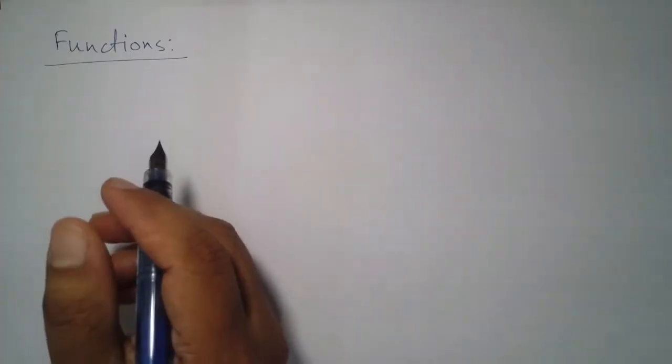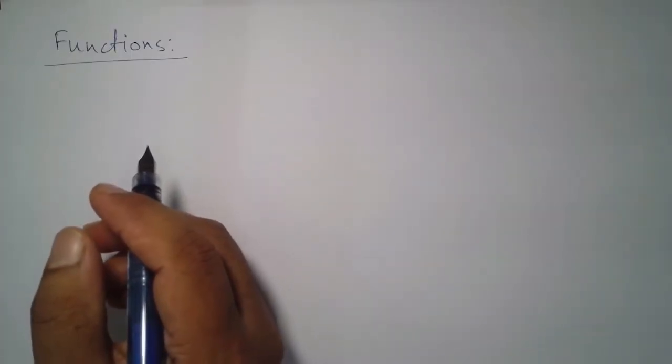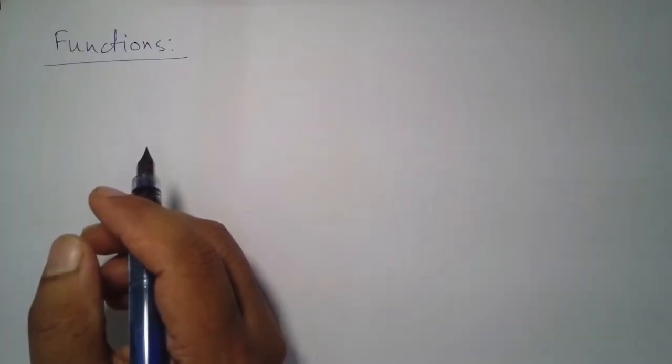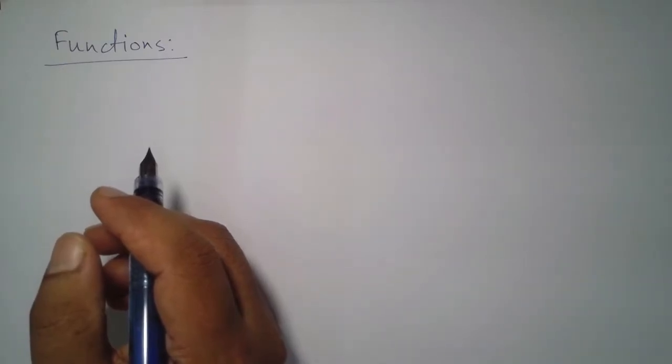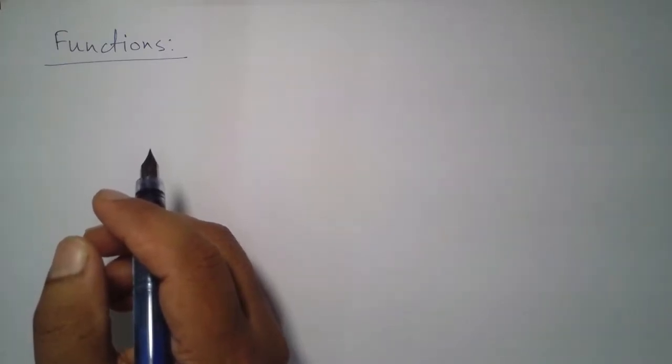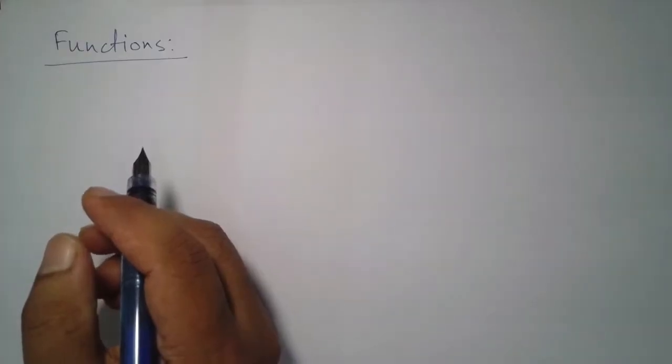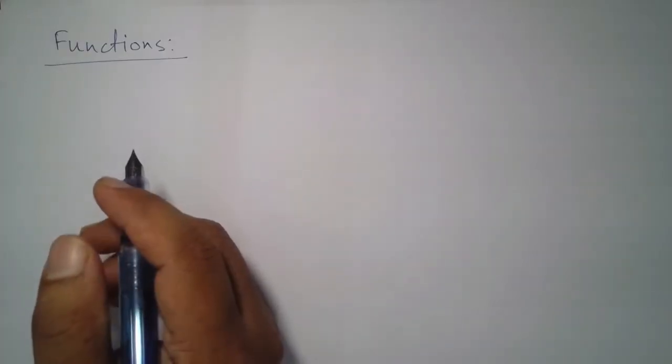And why do we need to write functions? If we need to do an operation repeatedly, we can just invoke that function, and whatever that function does, that work gets done. So we don't have to write it again and again.